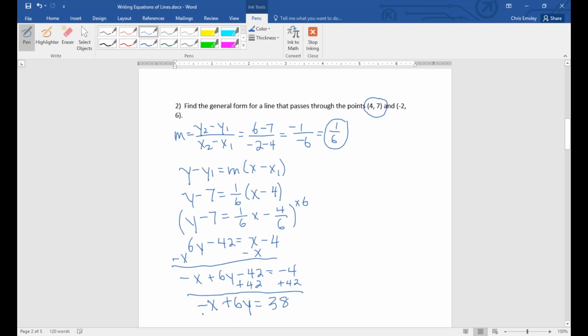And usually for general form, we would like this leading term to be positive, so now I'll just multiply everything by -1. So I get x minus 6y equals -38. That's the equation of the line we were looking for in general form.